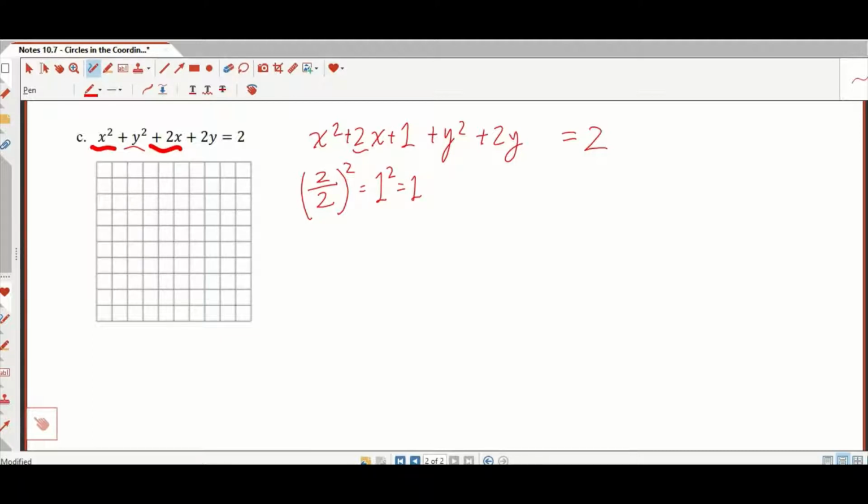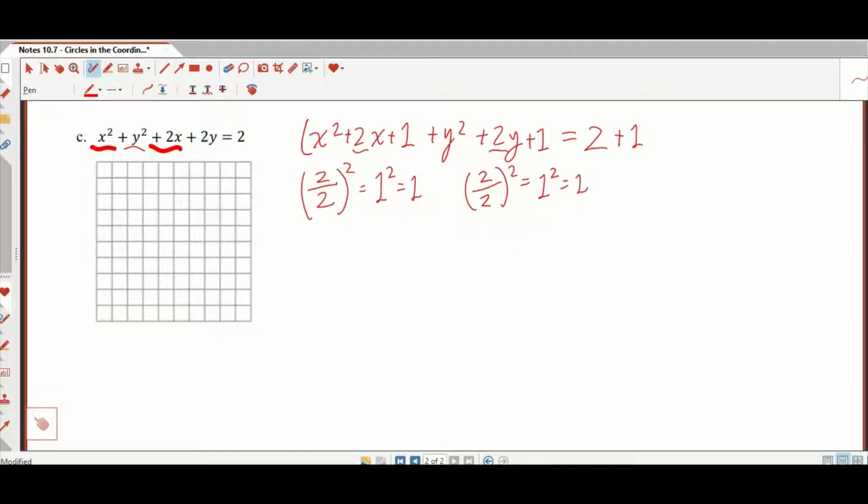Now I can't just add 1 to that, so I could either subtract 1, or I could add 1 to the other side here, and that's actually what I want you to do. Same story over here. The b term is 2, divide it by 2 and square it. That's going to be what I want this third term to be, which is actually still 1 squared, which is still 1, plus 1.